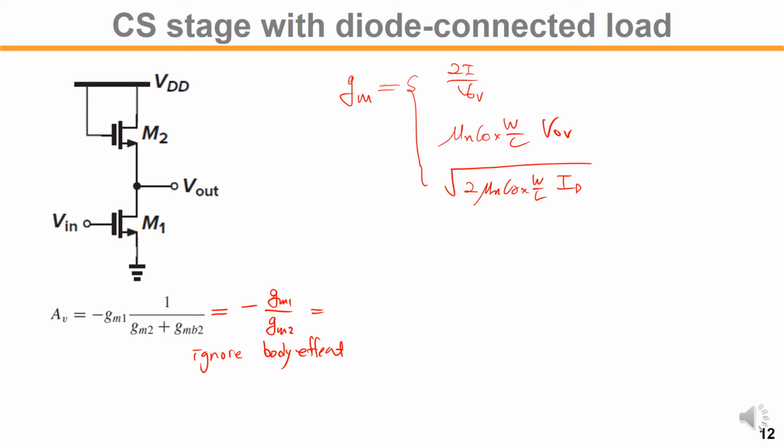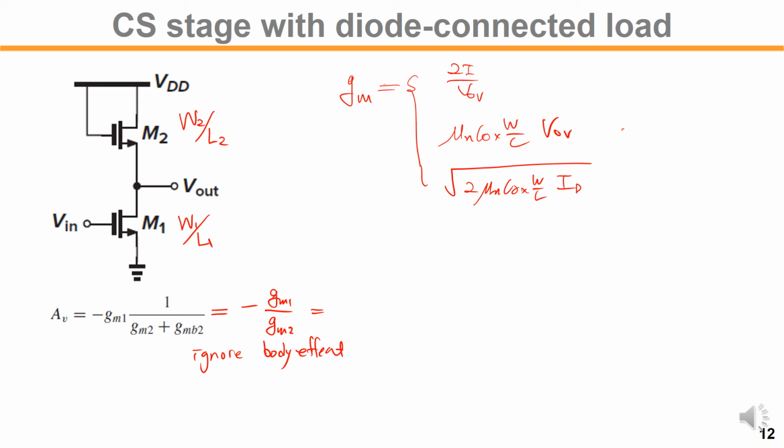So from these equations, let's say the size of M1 is W1 over L1 and M2 is W2 over L2. Then which equation do we use?